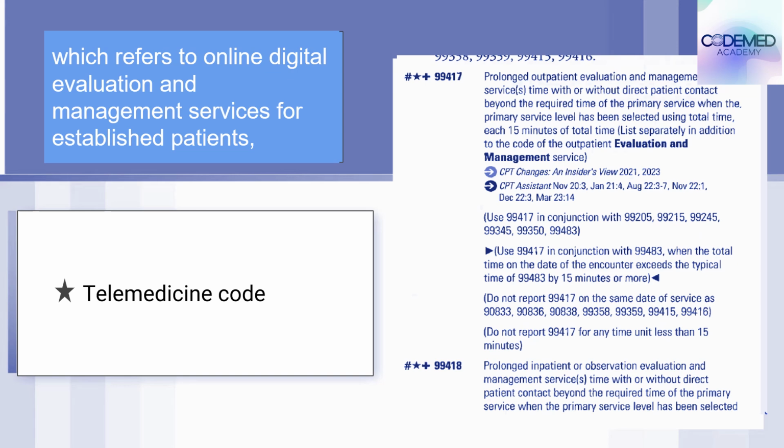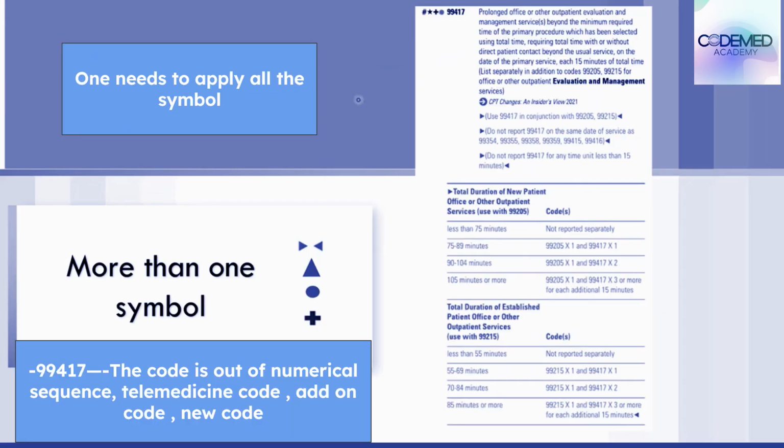Now here you will see the codes 99417 and 99418, and I can see that there is a star sign. I can also see that there is a hashtag. That means this particular code will be out of numerical sequence, and this particular code is also a telemedicine code. Whenever more than one symbol is present in front of the code, one needs to apply all the symbols.